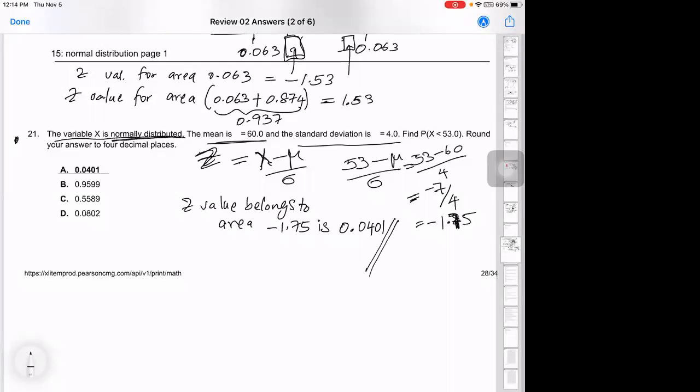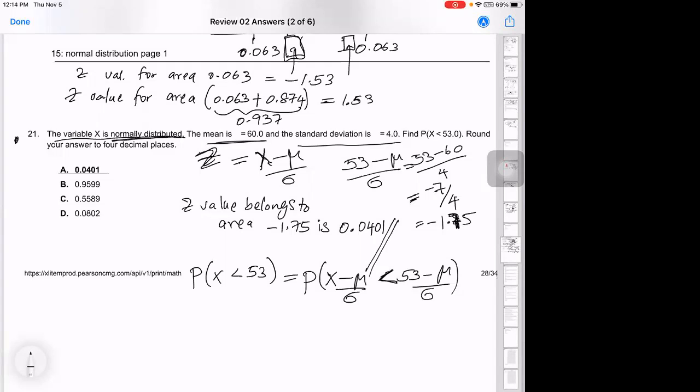Okay, so by using general notation, you can find this as the probability of x less than 53. This is what you need to find. You can convert into standard normal values, x minus mu divided by sigma, still less than 53. Same thing you do to this value, minus mu divided by sigma. Same thing I've done above.